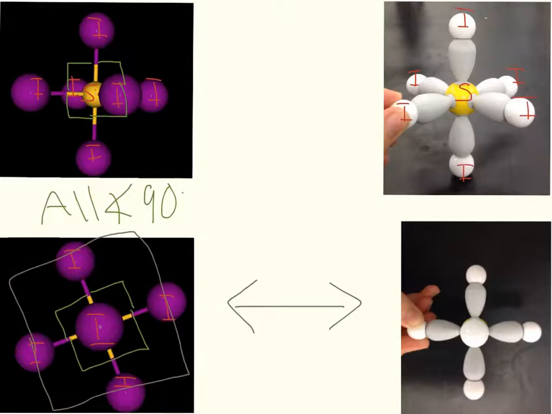So I am first going to draw the solid line triangles pointing towards the sulfur, and I said those represented the iodides that are protruding towards the front.